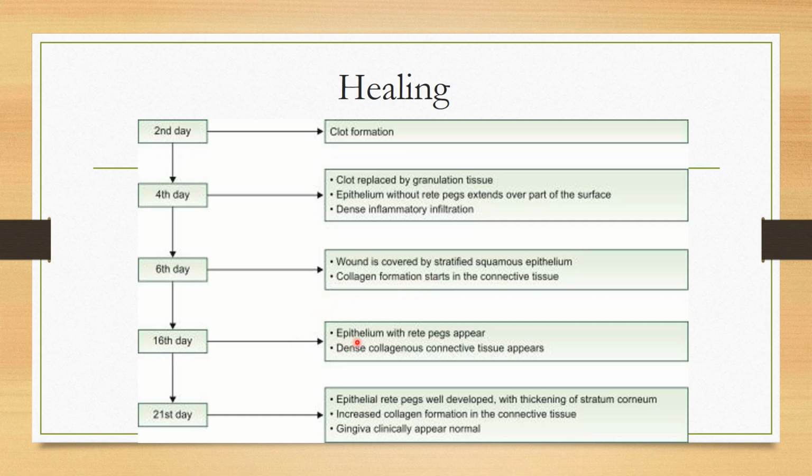By the 16th day there will be complete epithelial formation with rete pegs. Then there will be dense collagenous connective tissue, and by the 21st day the epithelial rete pegs will be well developed with thickening of the stratum corneum, increased collagen formation in the connective tissue, and the gingiva clinically appears normal.